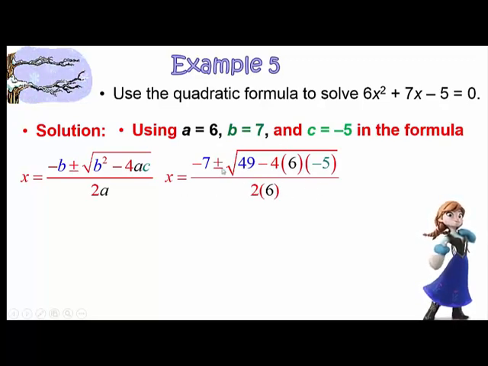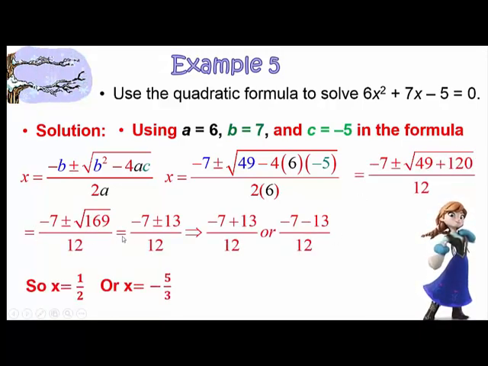We do the stuff under the radical sign first, and then we have 169, and it turns out the square root of 169 is a perfect square. So there we have -7 plus 13 over 12, or -7 minus 13 over 12.